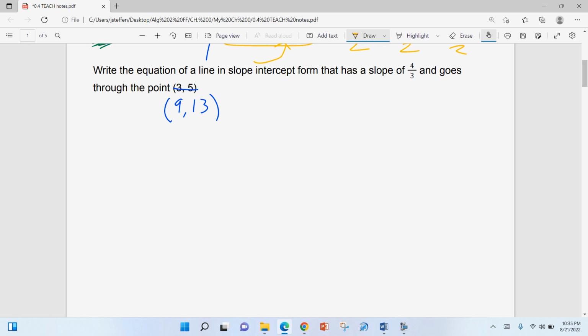So I originally planned for this one to be one that doesn't work as well using the first method, but really, again, it comes down to using fractions. If you do this using the other way, we have y is equal to mx plus b. So my y is 13, my m is 4 over 3, my x is 9, plus b.